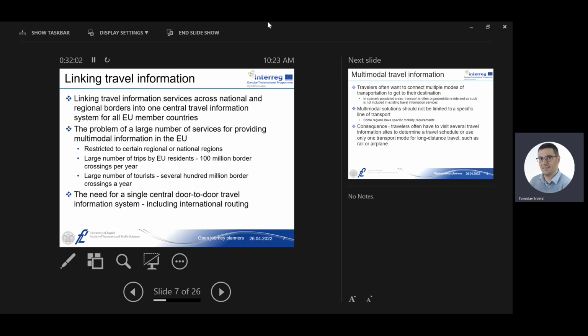There are several hundred million border crossings a year. Which do you think is the worst? For the regular EU resident or for the tourist when he plans the route, when he plans the journey? Which one has more problems?